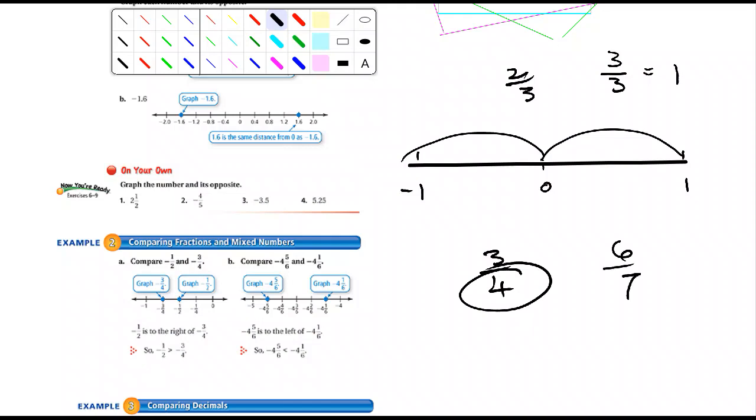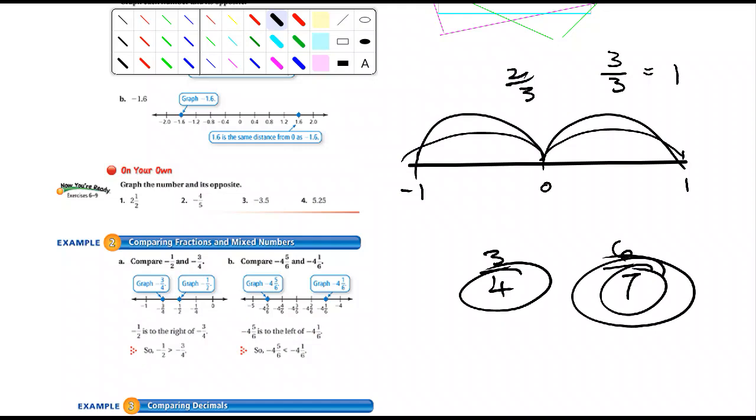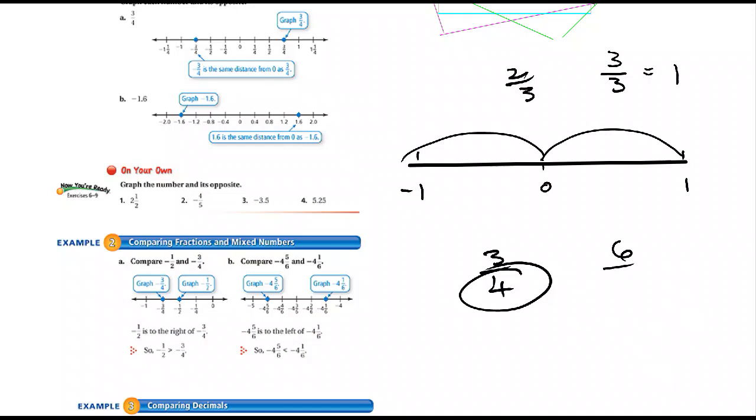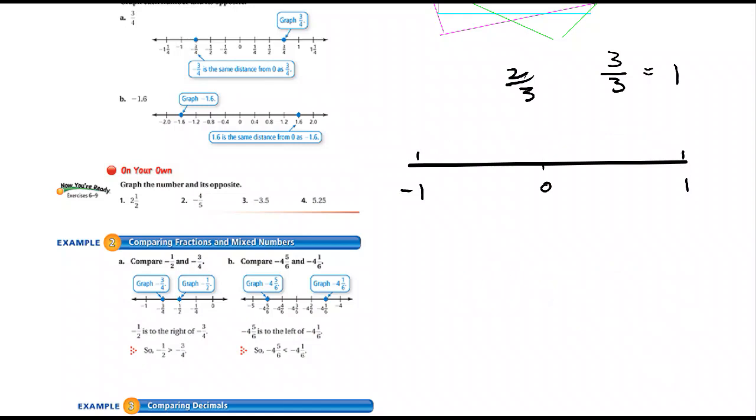That means you're going to divide up between 0 and 1 by 7 parts. And 0 and -1 by 7 parts. Okay, 2/3.